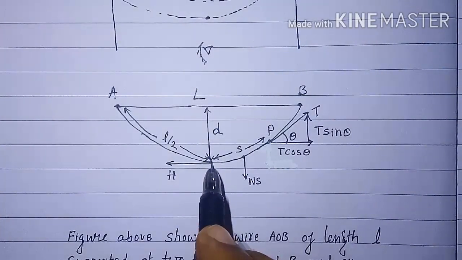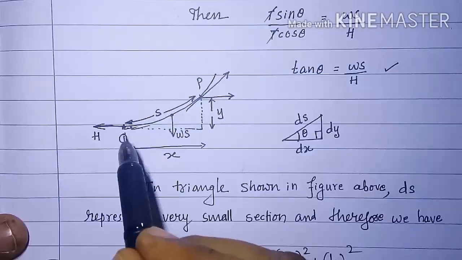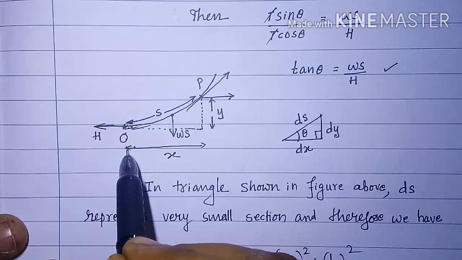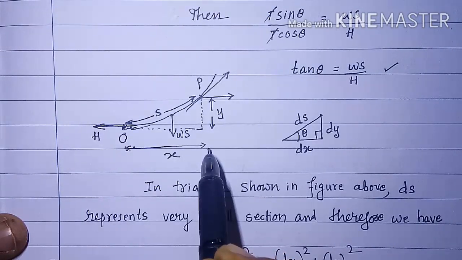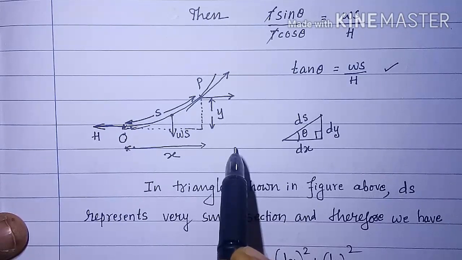So for the lowest point, in the next figure, x is 0 because you have not traveled any distance in the direction of x.